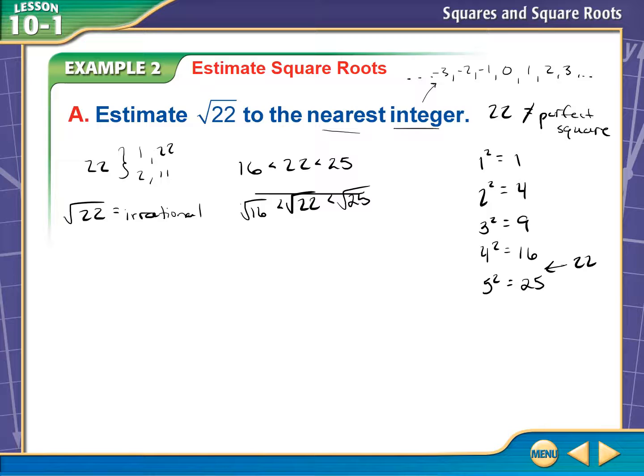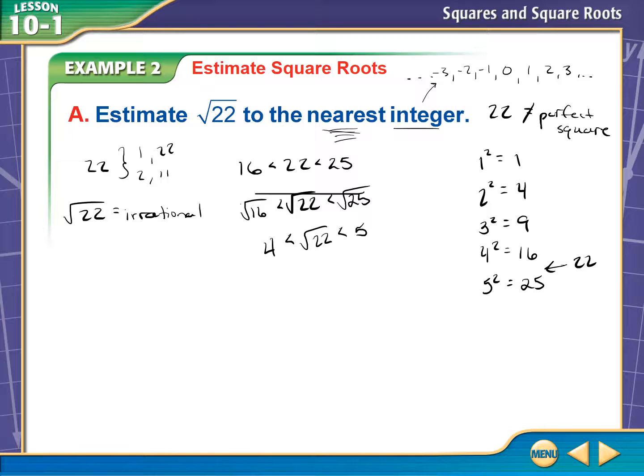Well, I can find the square root of 16 because it's a perfect square. And I can find the square root of 25 because it's also a perfect square. The square root of 16 is 4. The square root of 25 is 5. So I can assume that the square root of 22 should be between 4 and 5. All right, so I've created this boundary for myself so I know which integers it's between. What I'm interested in now is which one it's closest to, the nearest integer.